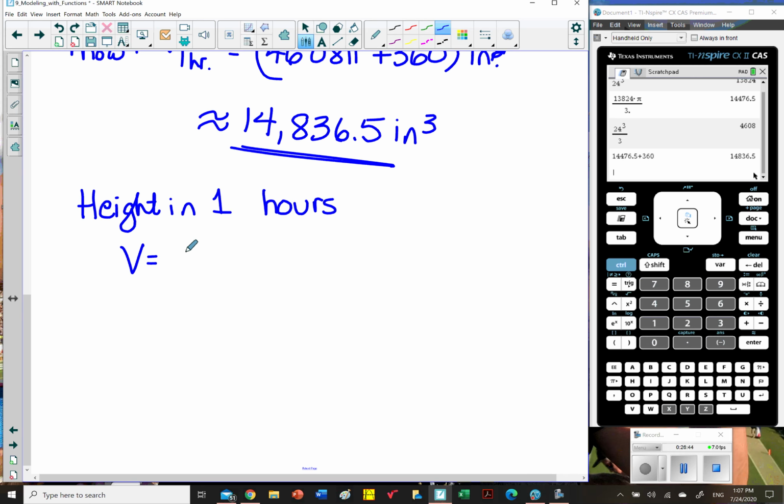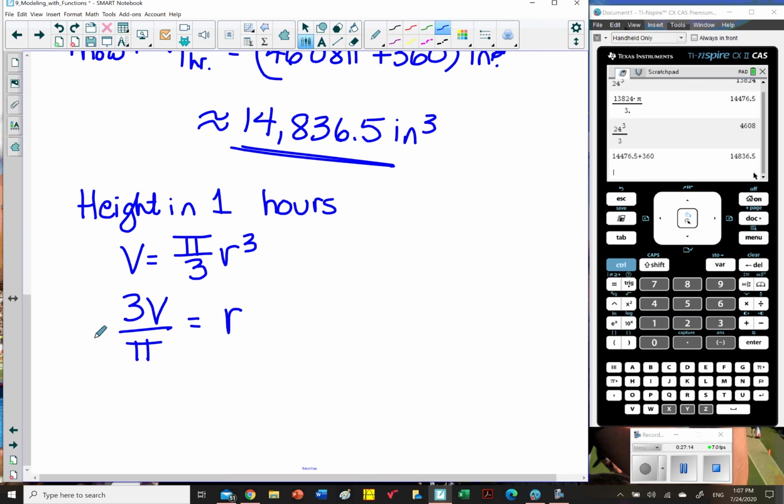Volume is pi over 3 r cubed, r squared h. If we multiply by 3, divide by pi, and r and h are the same, you could take out that, put in this, r cubed.